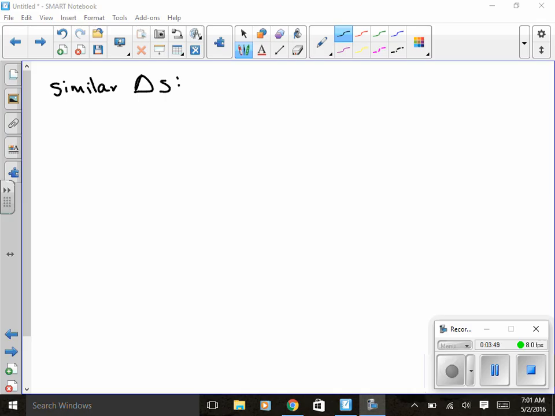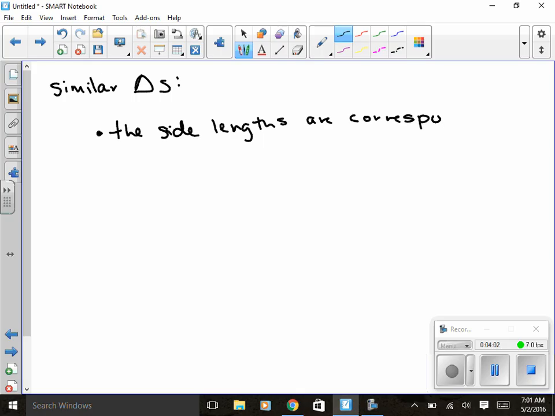All right, similar triangles have 2 conditions. First condition, the side lengths are corresponding, and we'll talk about what corresponding means in just a minute, and proportional.